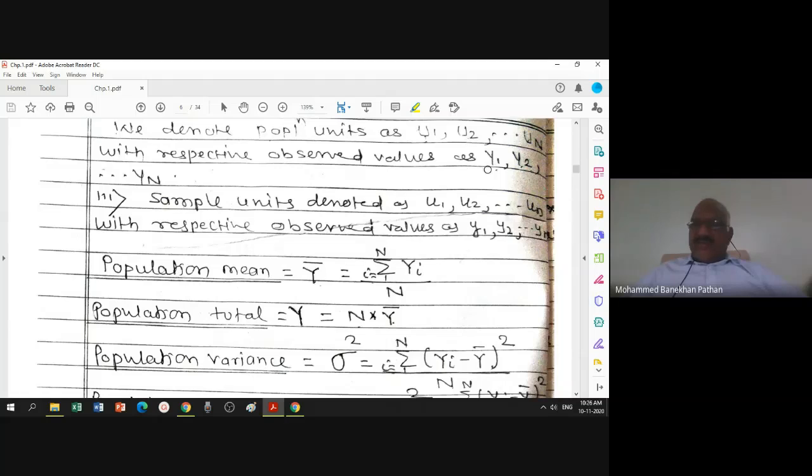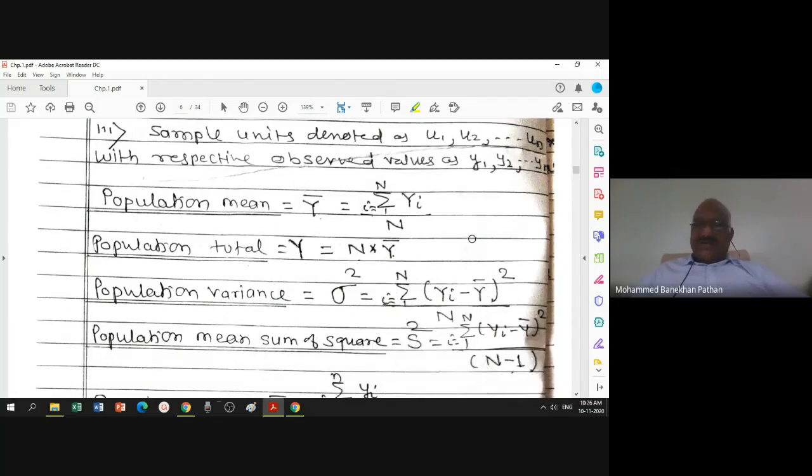Now with the help of these two notations, I define the population mean, capital Y bar: the total of all population values divided by the number of units. Simple formula, what you study as the average. So this is the average of the entire population for your characteristic under study.